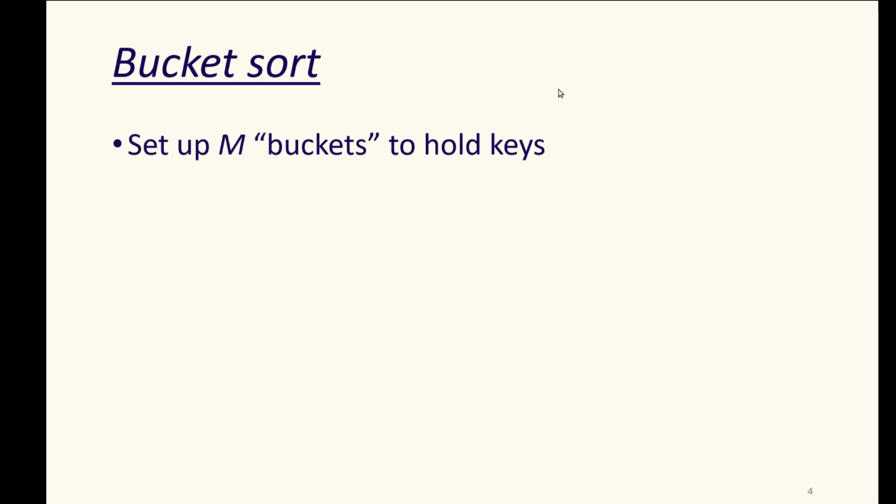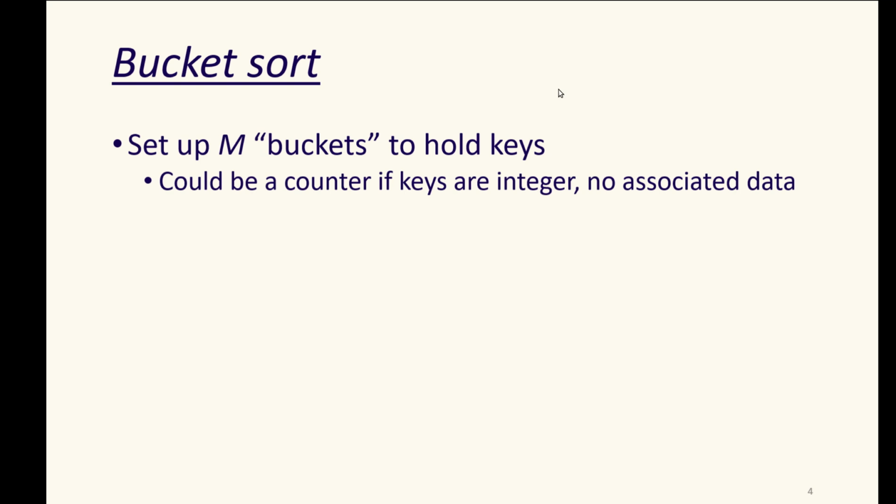So in the case of simple integers, where you don't need to store, say, a student record along with that integer, you're just storing the number, you can in fact even make an array where each index in the array is the key that you're trying to sort. So someone's student ID number, or I'm sorry, that would be bad because you'd probably want the student record.